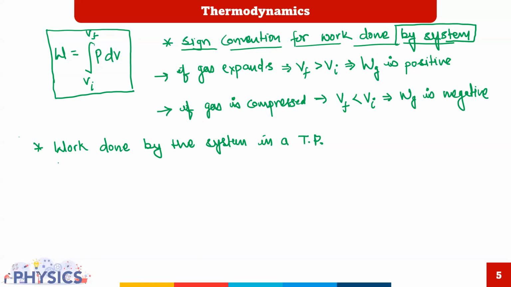Work done by the system in a thermodynamic process. This TP means thermodynamic process. I can write the generalized equation of a thermodynamic system as PV to the power X is equal to some constant. That constant I can take anything. So I think I have used the C already.